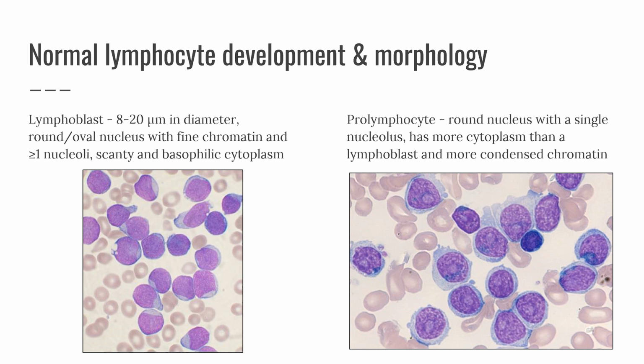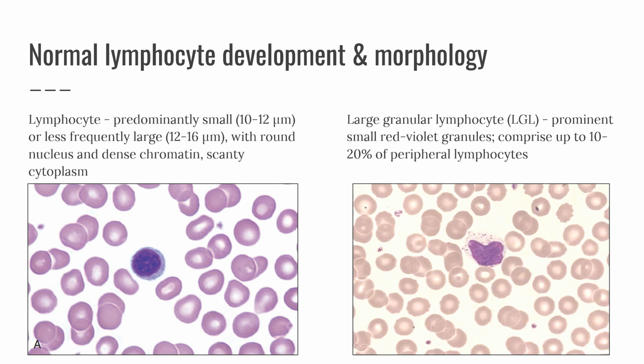However, there is a lower N:C ratio. It has a more abundant cytoplasm than the lymphoblast and more condensed chromatin. Also, in comparison with your lymphoblast, it has a single nucleolus. Like your myeloid precursors, lymphoblasts and prolymphocytes are not usually seen in the peripheral blood.